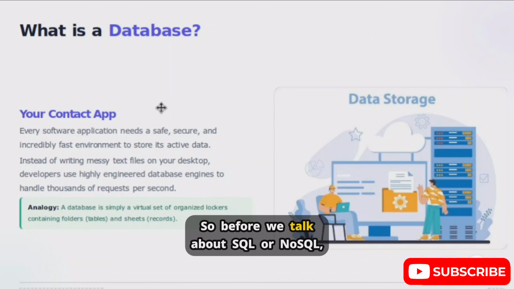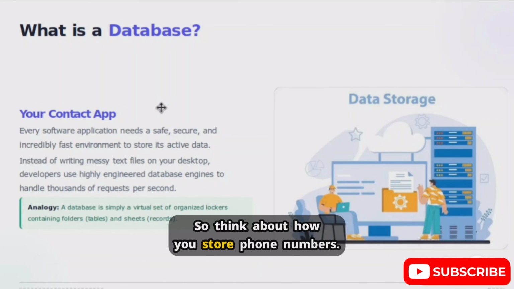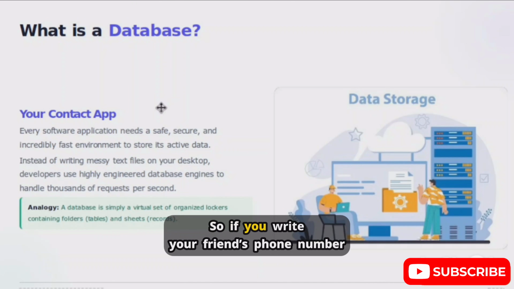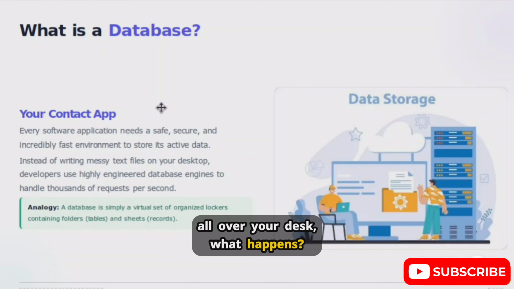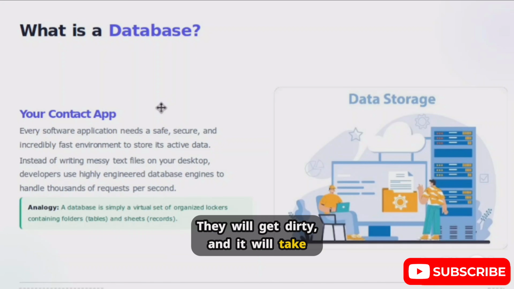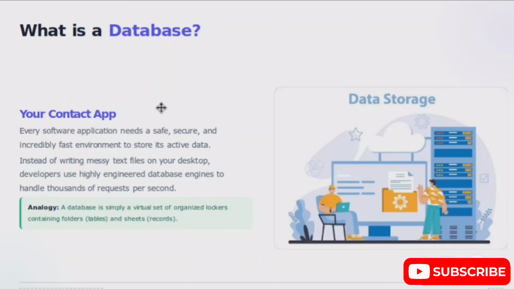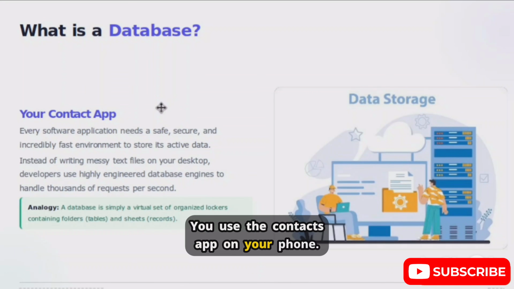Before we talk about SQL or NoSQL, what is a database at its core? First we'll understand that. Think about how you store phone numbers. If you write your friend's phone number on random messy sticky notes and scatter them all over your desk, what happens? You lose them, right? They will get dirty, and it will take you forever to find one when you need to make an urgent call. So what do you do instead? You use the contacts app on your phone.